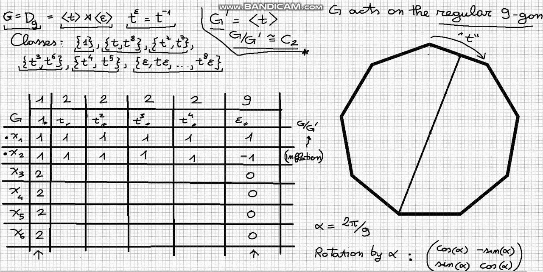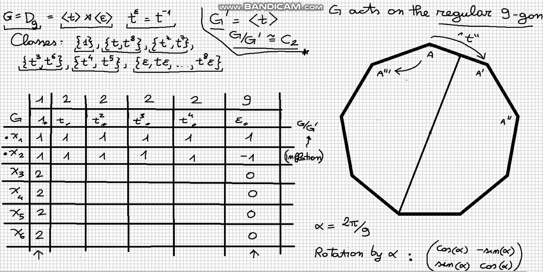So, for example, if you start with this point A and you reflect it, A prime, then you rotate it, A double prime, and then you reflect it again, A triple prime, you get exactly what you would get by rotating in the opposite direction.